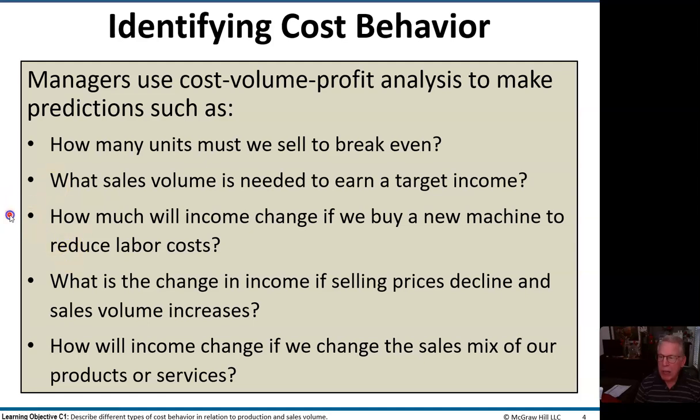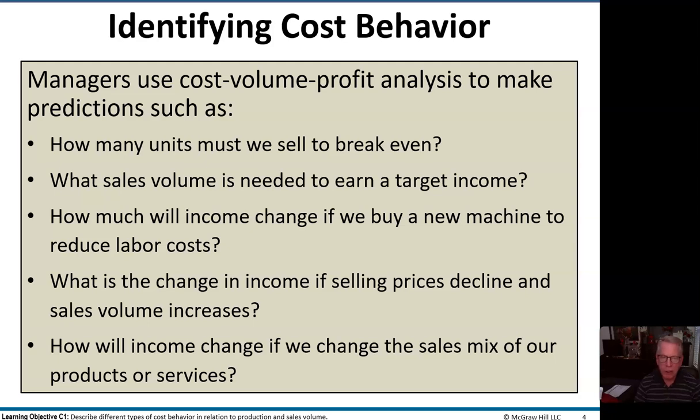And number three, how much will income change if we buy a new machine to reduce labor costs? And four, what is the change in income if selling prices decline and volume increases? And finally, how will income change if we change the sales mix of our products or services?